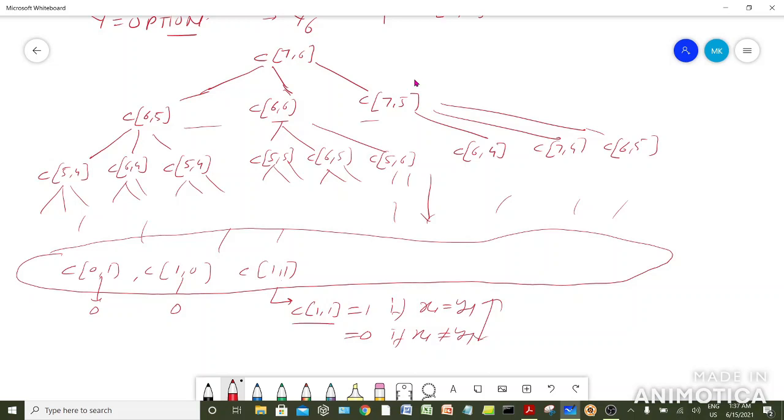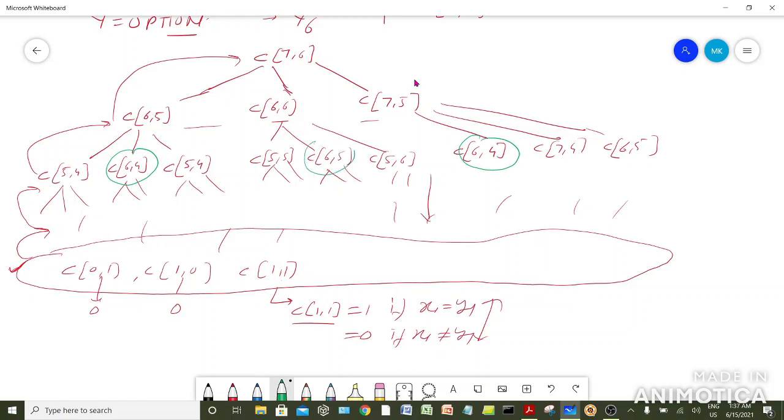So this value can be directly calculated. Okay, now once these values are defined, then this will be used to calculate all the entries at the next level, and further to the next level, further to the next level, till this C of 7 6 is achieved. So this is the overview of the solution using dynamic programming. Now try to observe that C of 6 4 is calculated here also.